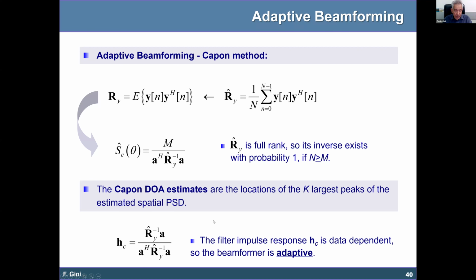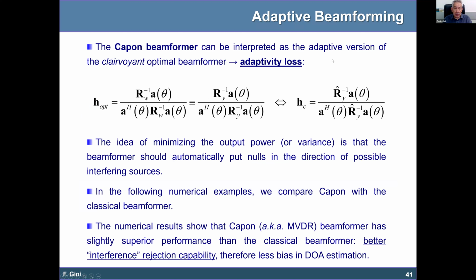Okay. So if you remember, in summary, these are the two different expressions of the optimal clairvoyant beamformer, and they are equivalent, and they are obtained, one maximizing the signal-to-noise ratio, the other minimizing the mean square error. But if the noise covariance matrix is perfectly known, they are absolutely equivalent. They are called, as I said, clairvoyant optimal beamformer.